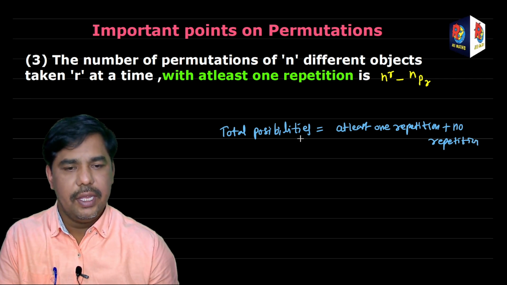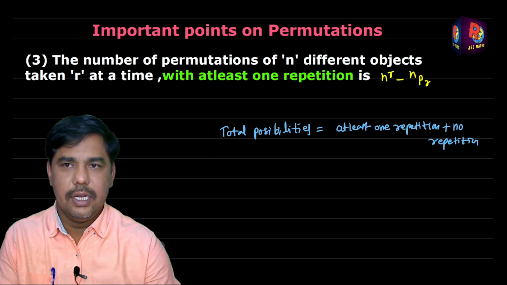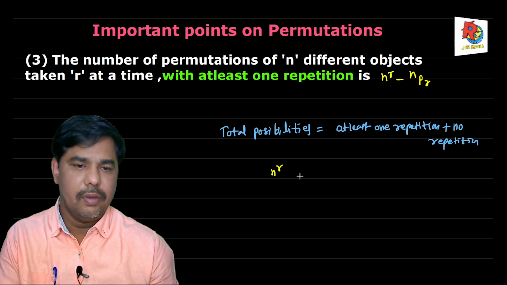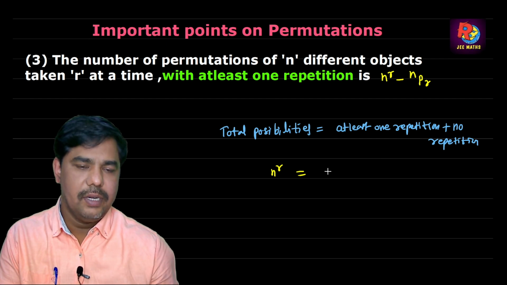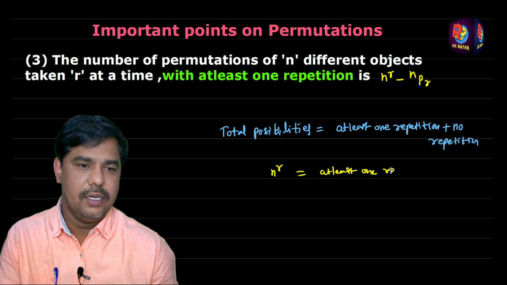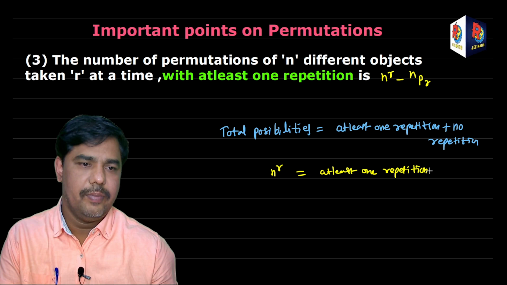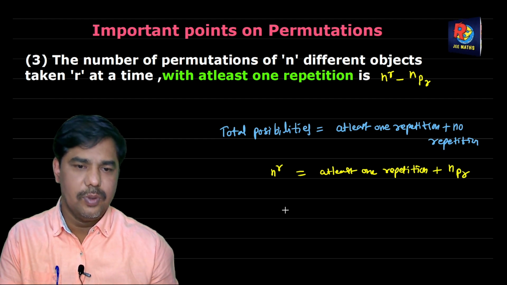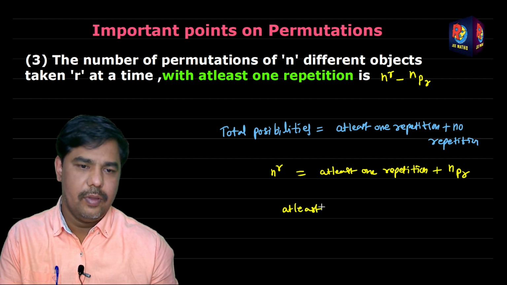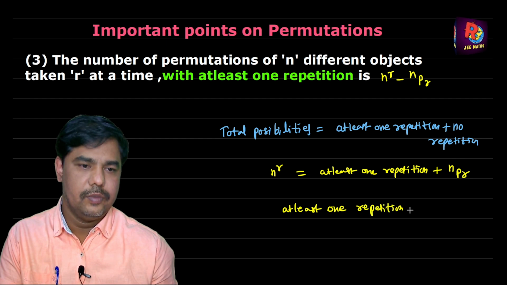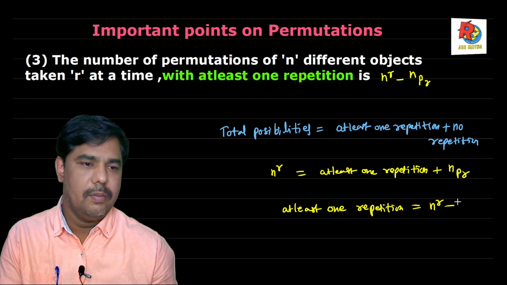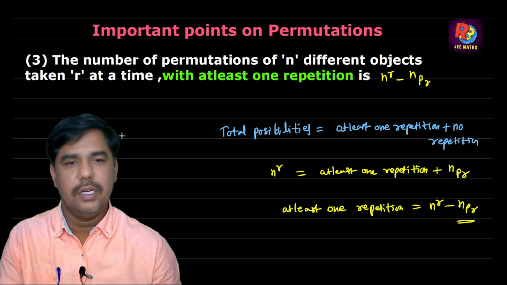Let us assume the total possibilities are taken as n power r. At least one repetition, keep it as it is. And no repetition means nPr. If you take nPr to this side, at least one repetition equals n power r minus nPr is the formula. This one you need to remember.